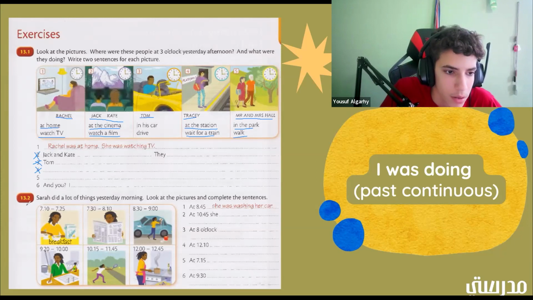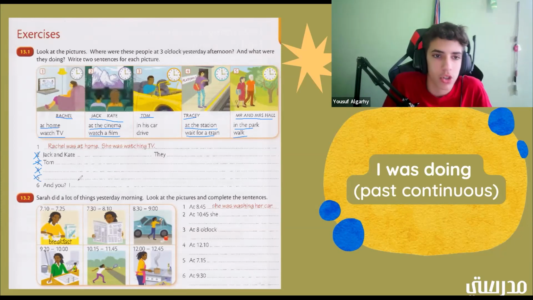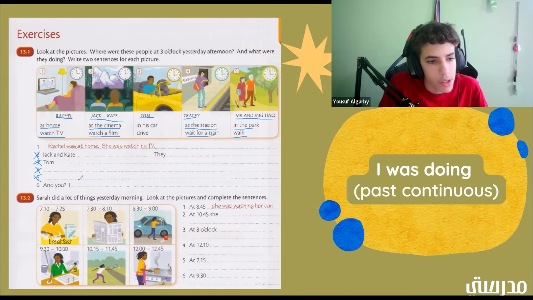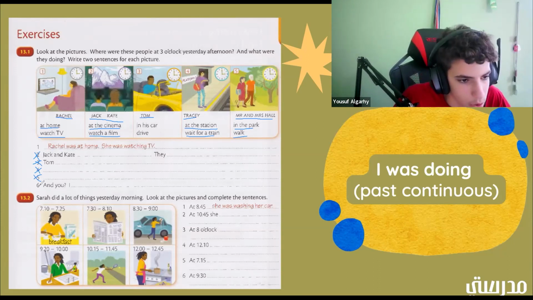All right. And you? What were you doing at 3 o'clock yesterday afternoon? I was sleeping. All right, good job.